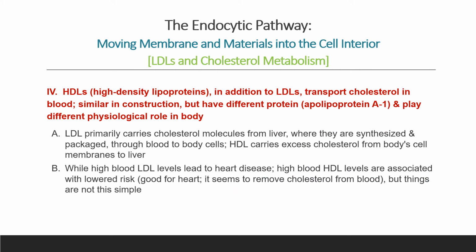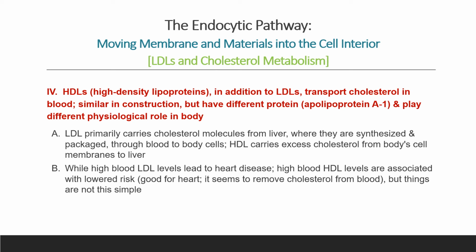So HDLs or the high density lipoproteins, in addition to LDLs, transport cholesterol in the blood. So they are similar in construction but have different proteins, specifically the apolipoprotein A1, and play different physiological roles in the body. So LDL primarily carries cholesterol molecules from the liver where they are synthesized and packed through blood to the body cells.